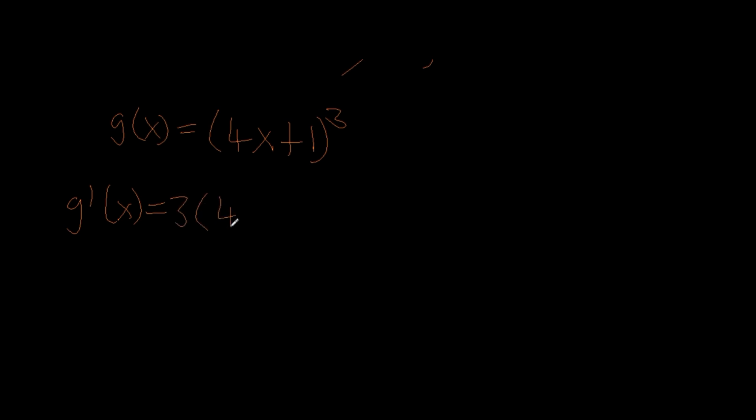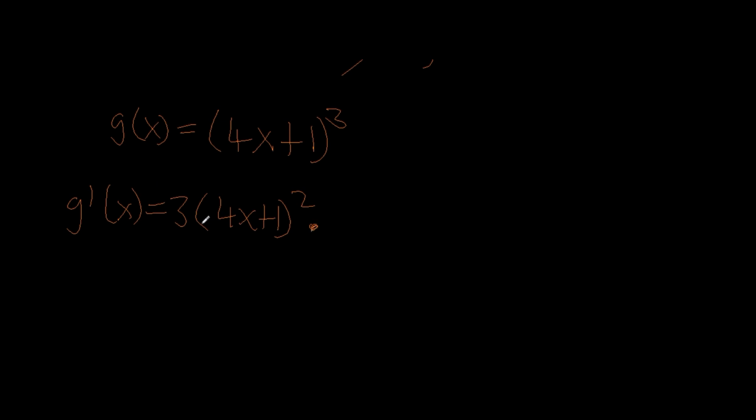So let's look at another example. Let's say we have g of x is equal to (4x + 1) to the power 3. And let's say we want to find our g prime of x. We drop down the power 3, (4x + 1) squared. Big blob for multiplication.